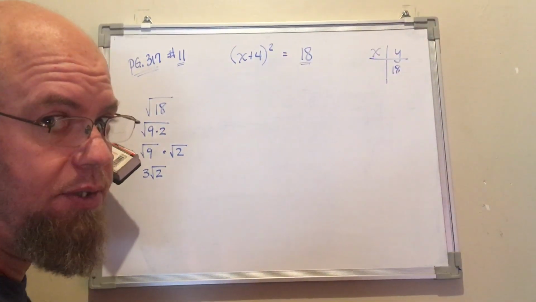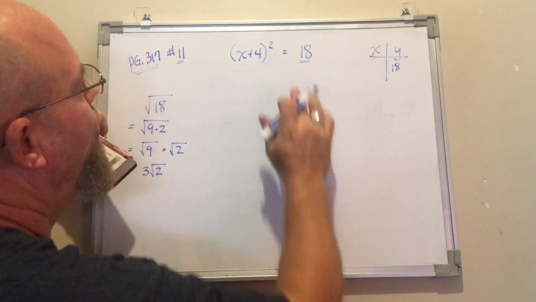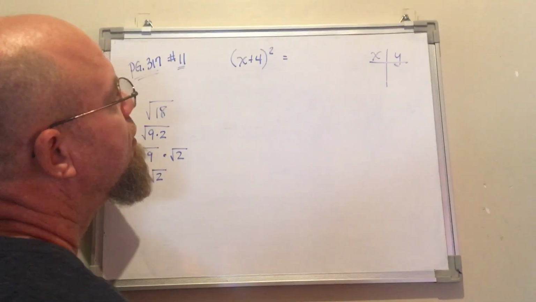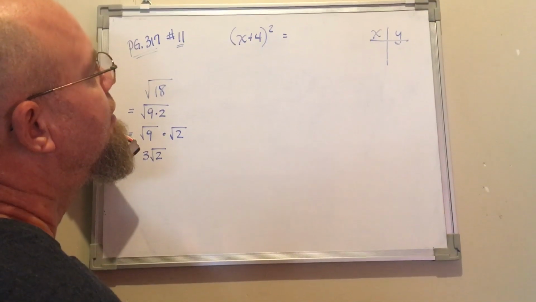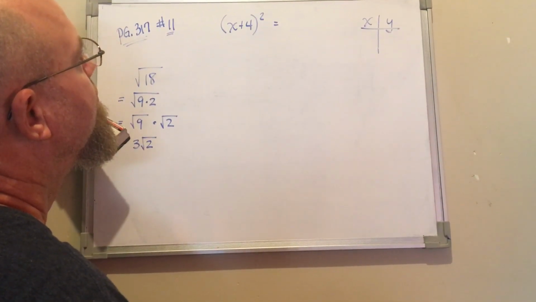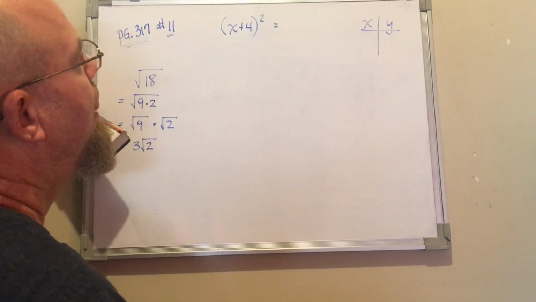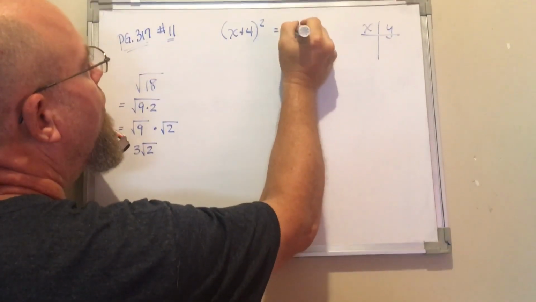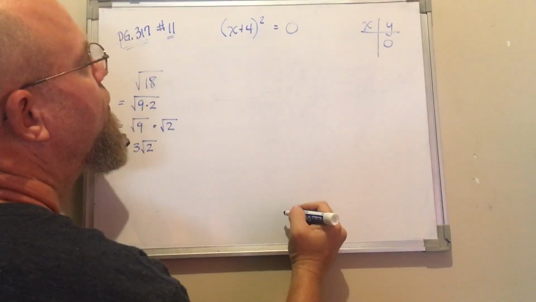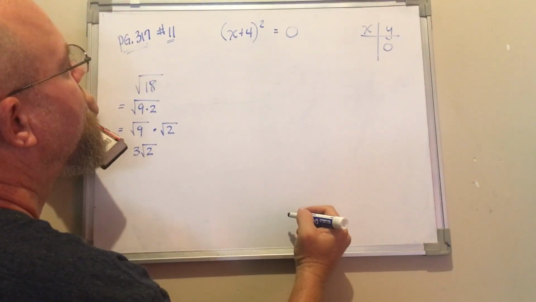Does that mean we have to use 18 as our value for y? No. So I can choose, first of all, to find the vertex, I can use 0 as a value for y. So here I'm going to find the vertex.